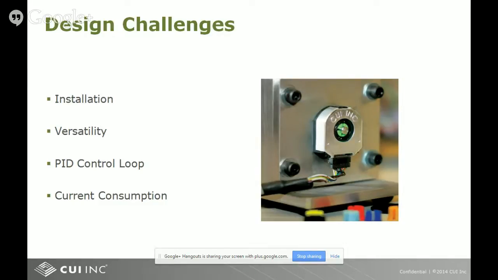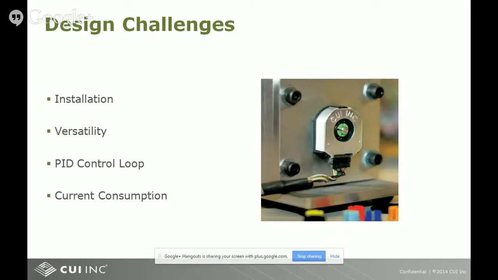Installation. There are options where you can put feedback devices inside a motor. There are some trade-offs with that, but when using an encoder, you have to get that installed onto the motor. And that can be a very serious challenge in the installation, particularly when installing on a brushless DC motor.